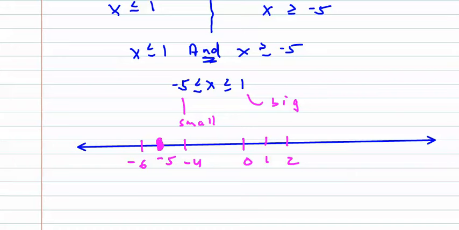X is greater than or equal to negative 5, and at the same time it must be less than or equal to 1. I'm in between the two, okay? Do not extend it this way. Do not extend it this way, all right? I'm in between those two.